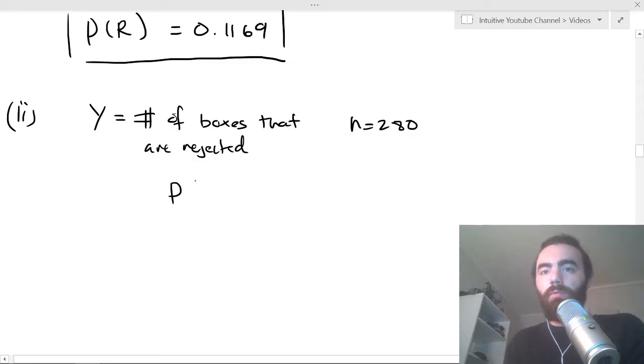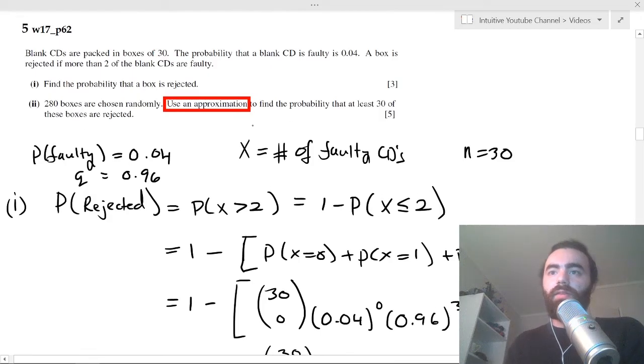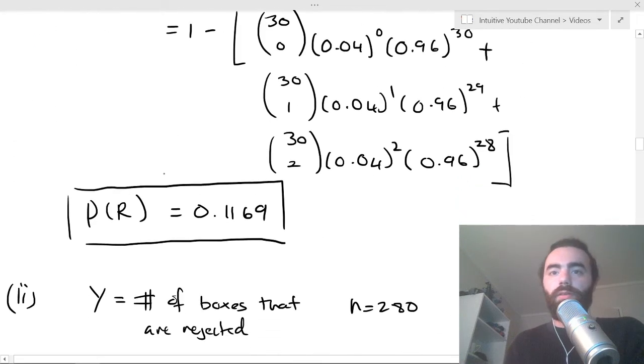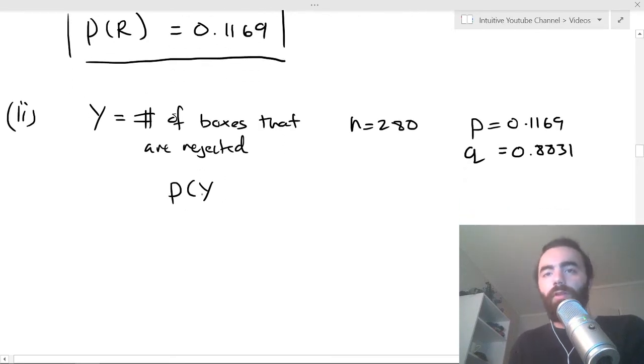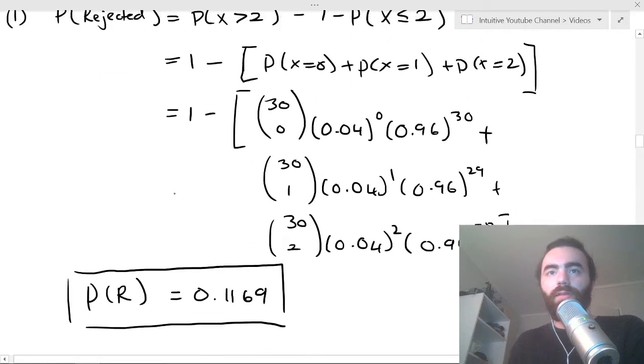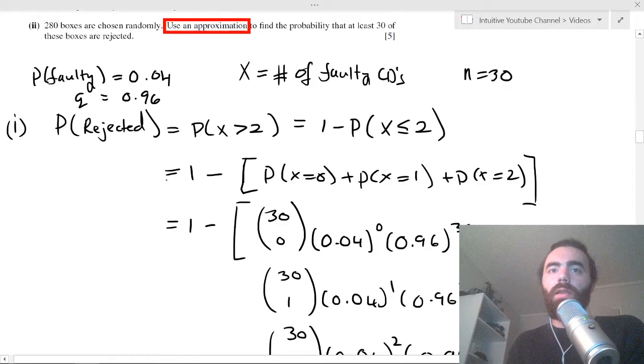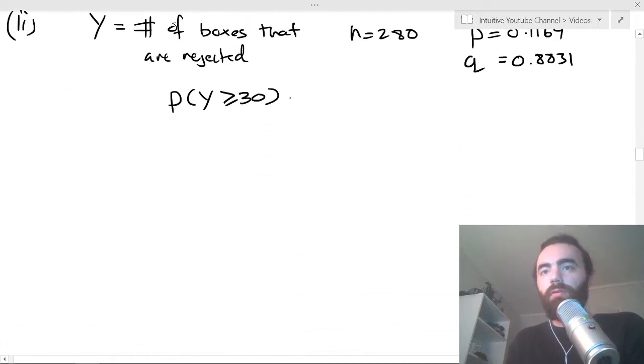The probability of success here is the probability that a box is rejected, which is 0.1169, and that means the probability of failure is 1 minus that, which is 0.8831. We want to find the probability that Y is greater than or equal to 30. So it's at least 30 boxes rejected.